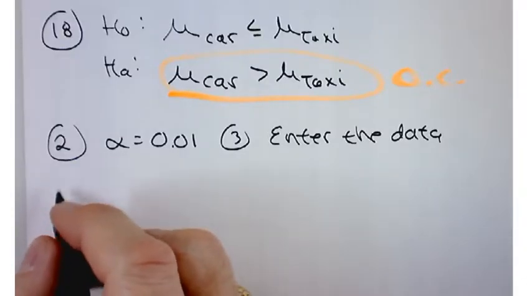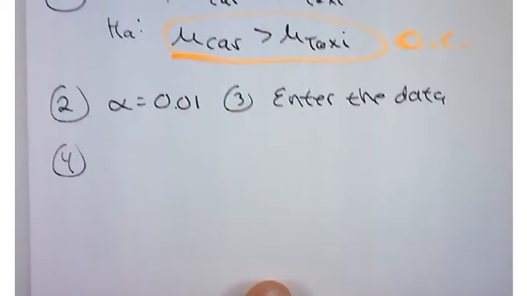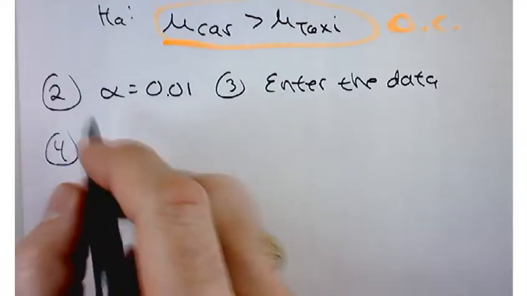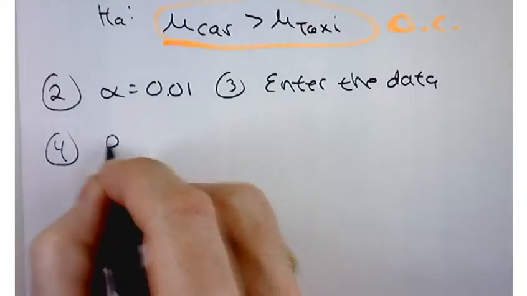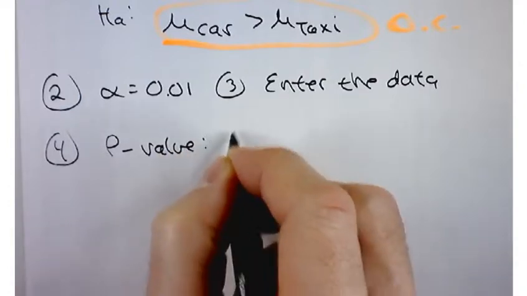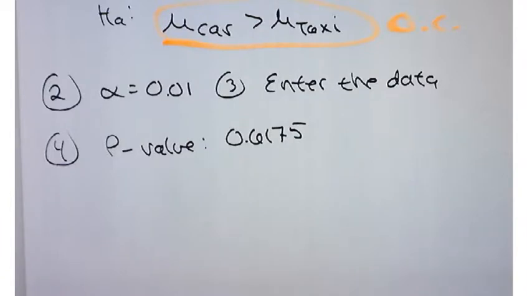Step 3 is going to be enter the data. And because I want to have some time at the end of the day to discuss things for you or prepare you for your exam on Monday, I'm just going to give you the p-value. The p-value is going to allow us to do step 5.